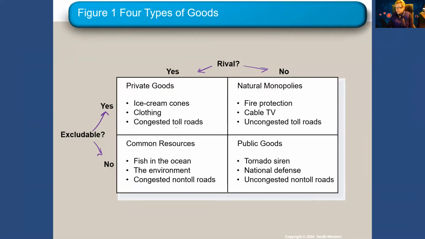Notice an interesting one, that roads could be put into all 4 categories, and it kind of depends on, do you pay for it, a toll, that's the excludability piece, or is it congested, meaning high traffic. If it's congested, then those people that are on the road while you're trying to merge would take up your space, hence the term rival, or uncongested.